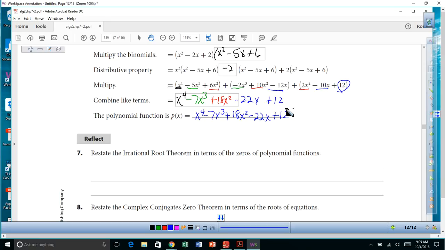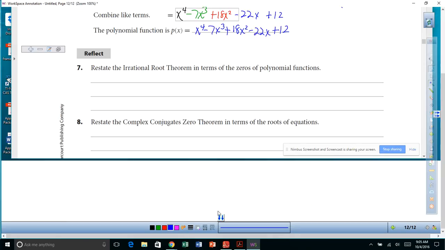Restate the irrational root theorem in terms of the zeros of polynomial functions. If a polynomial function p of x has rational coefficients and a plus b times the square root of c is a zero of the function, where a and b are rational and the square root of c is irrational, then a minus b times the square root of c is also a zero of p of x.